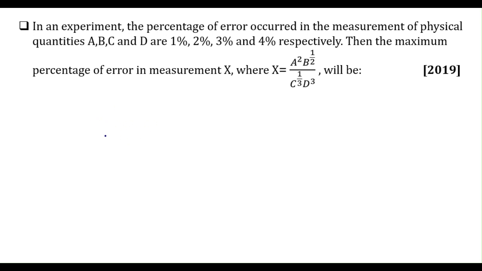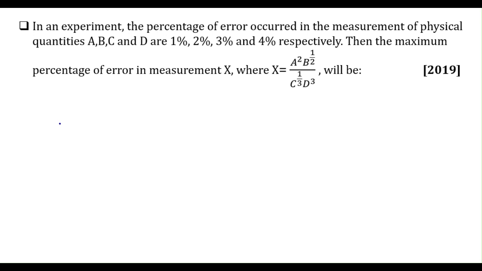What we need to do is take into consideration each and every error, and we have to be careful about the power associated with those physical quantities in the expression. So how can we continue?